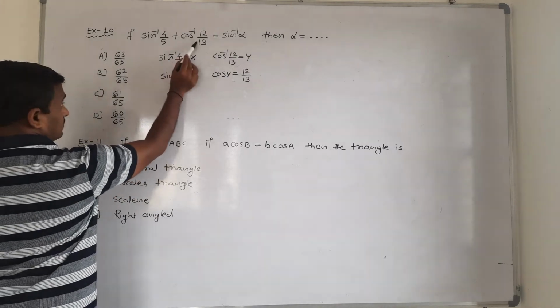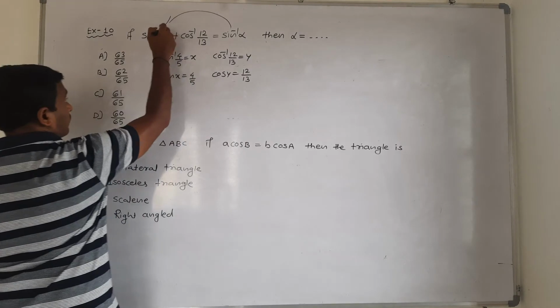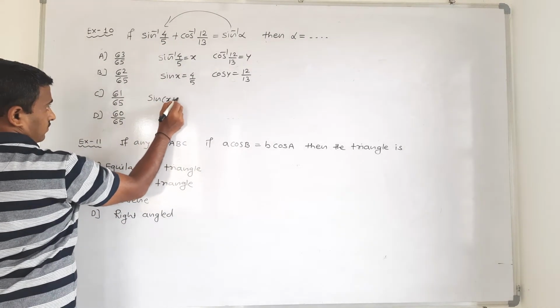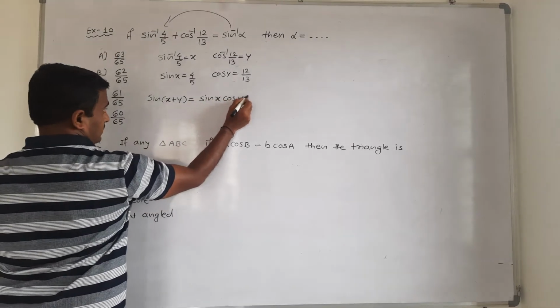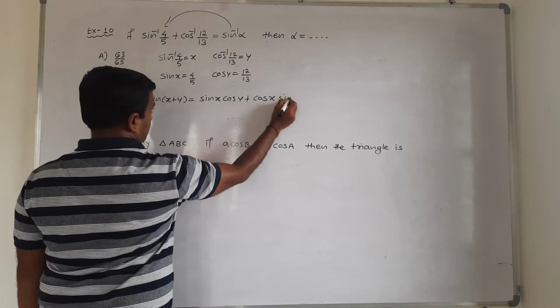Now we want sin inverse of x plus y, therefore we want sin of x plus y. Sin x plus y is equal to, by using the formula, sin a cos b plus cos a sin b.